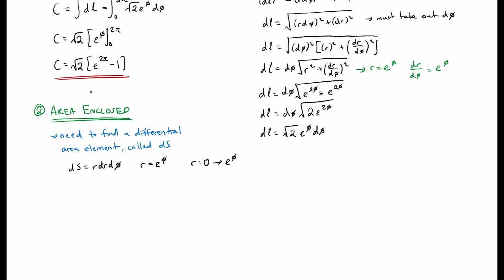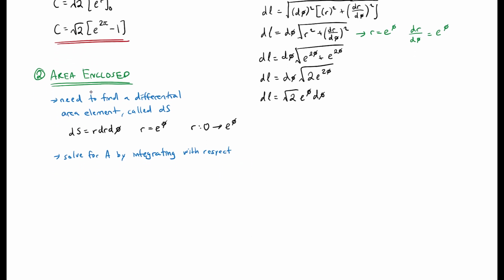So that means I can just solve for a by integrating with respect to ds. We have a is equal to the integral of ds, which is equal to the double integral of r dr d phi.